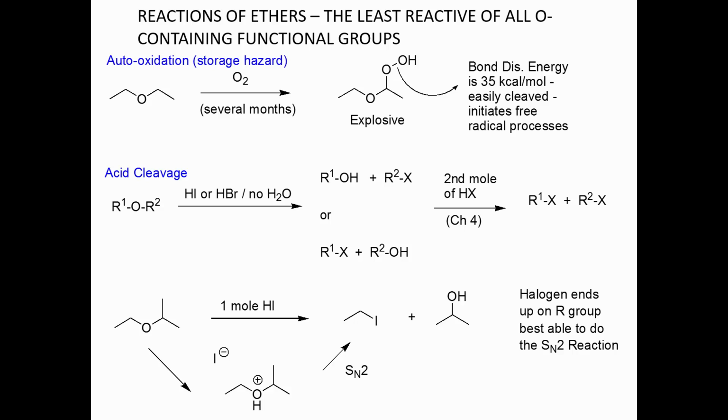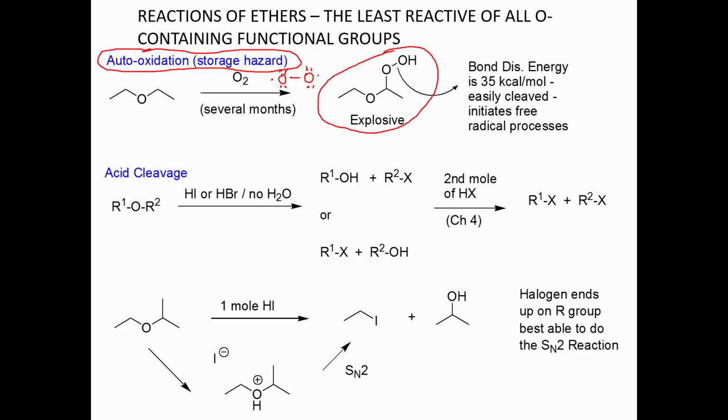If an ether sits out in the air for a very long time, it's going to undergo an autooxidation reaction. Okay? In this autooxidation reaction, we're taking oxygen, which, remember from general chemistry, is a diradical, and it forms this type of compound called a hydroperoxide.